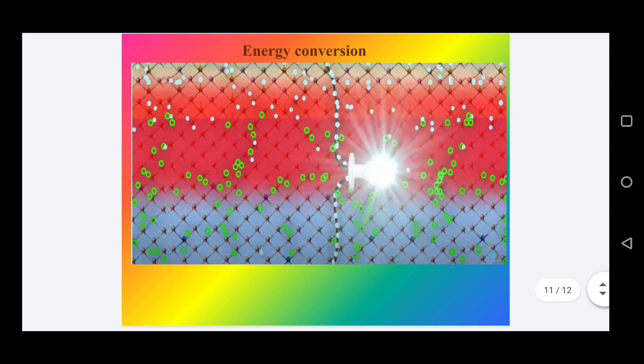That is, the movement of electrons from the n side through the load ends with the filling of holes. Like this, the solar cell continuously produces direct current.